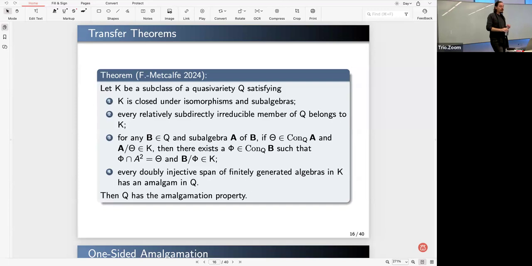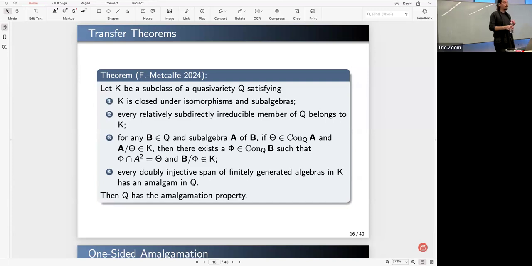And it says, if I take a subclass K of a quasi-variety Q, and I assume four things of this, then Q will have the amalgamation property. What must this subclass satisfy? So first, this subclass K must be closed under isomorphisms and subalgebras. Second, every relatively subdirectly irreducible member of the quasi-variety has to belong to the subclass.